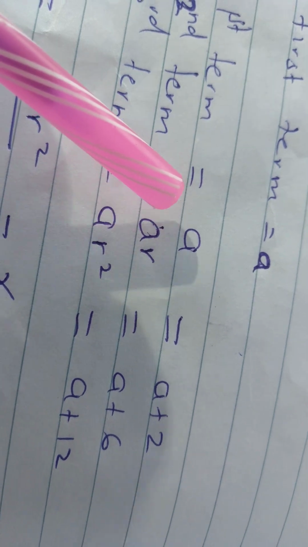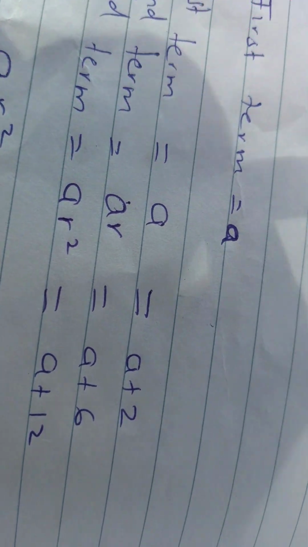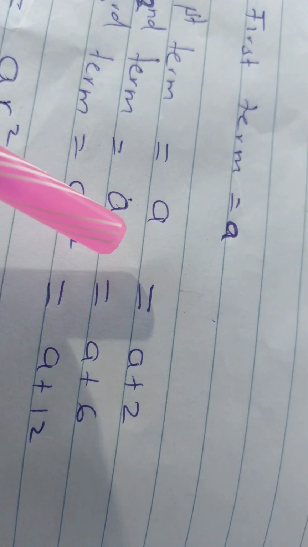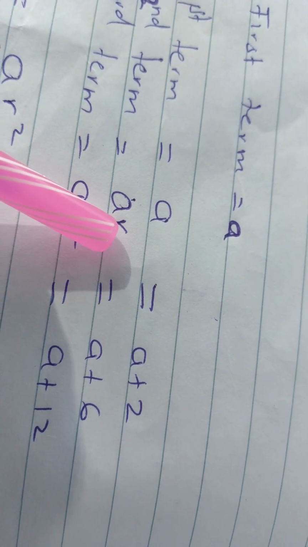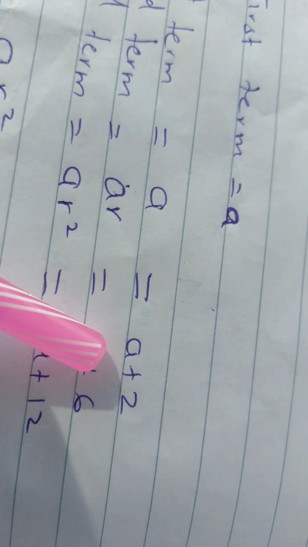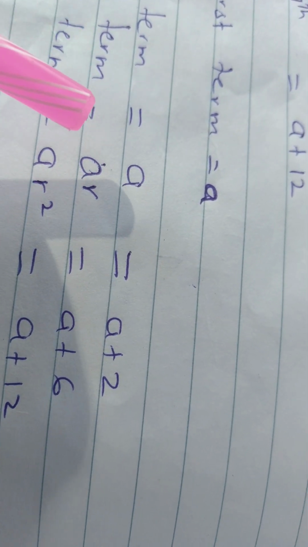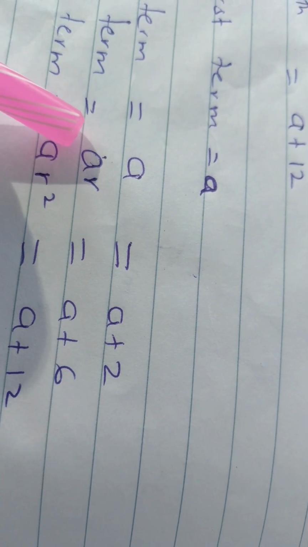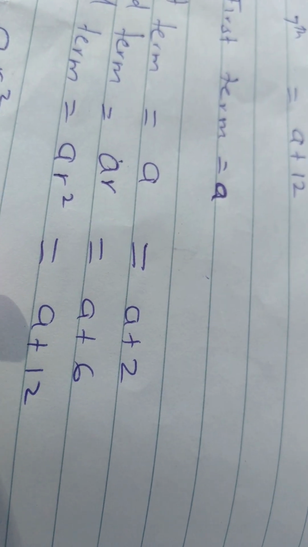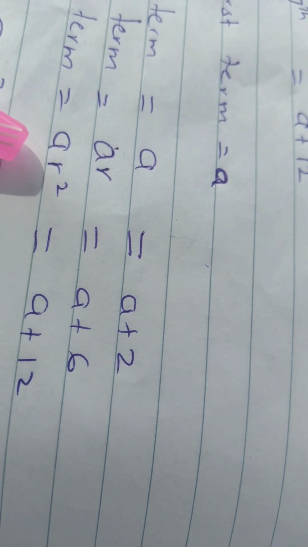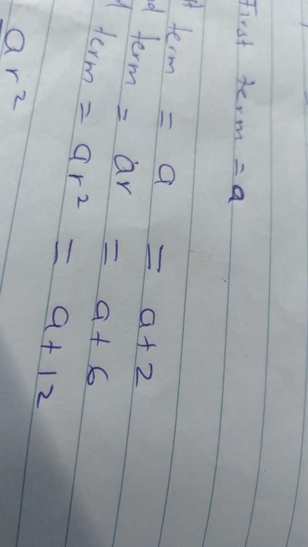The fourth term of the AP is the same as the second term of a GP, and the seventh term of the AP is the same as the third term of a GP.